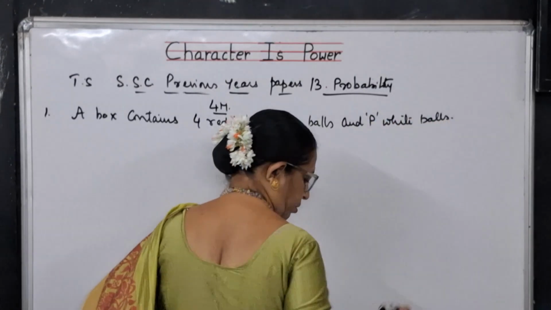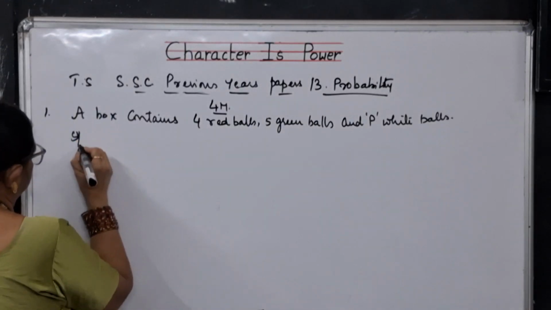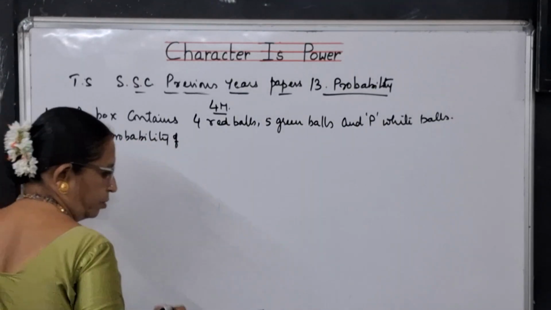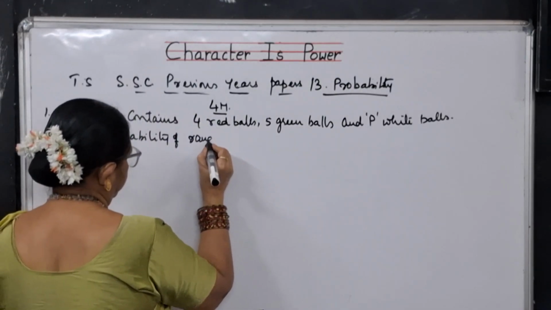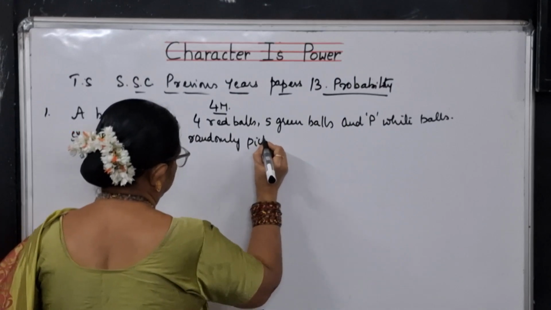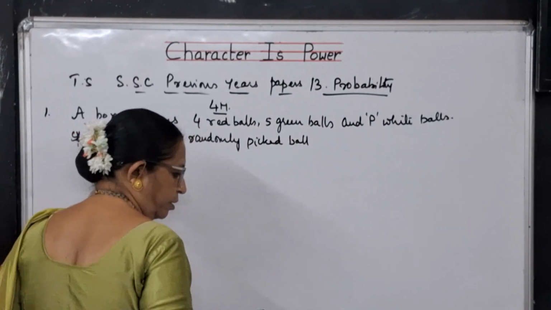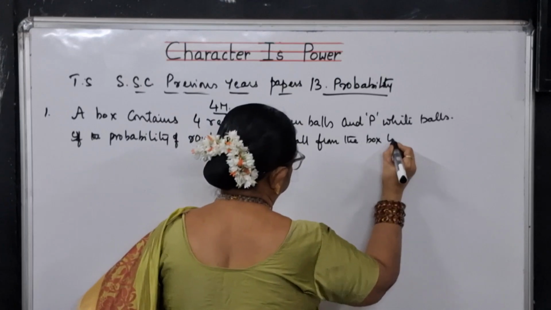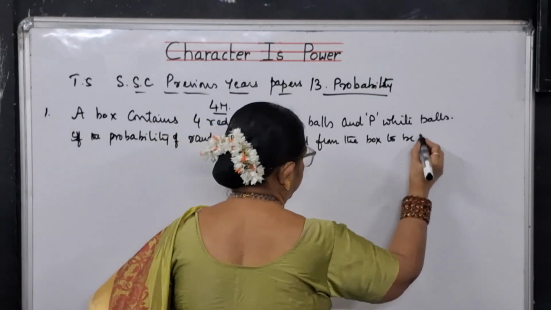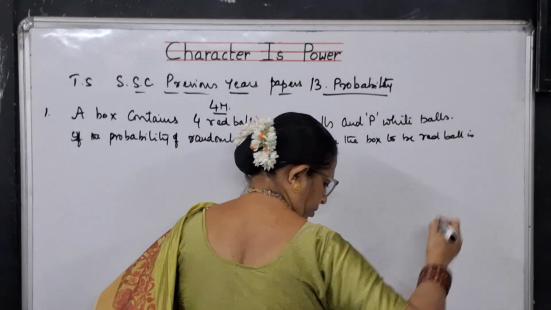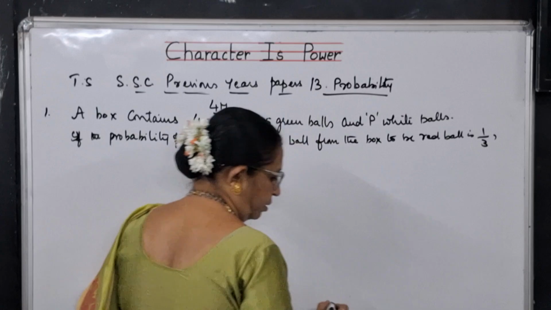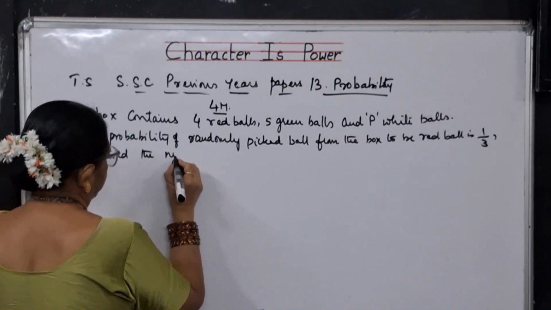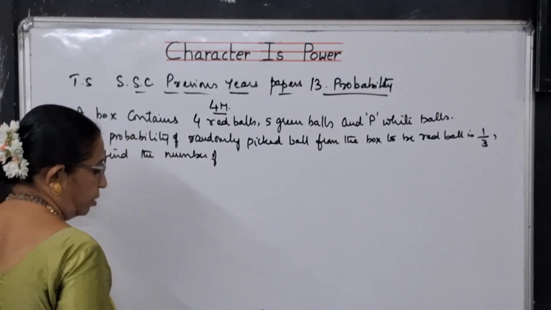If the probability of a randomly picked ball from the box to be a red ball is 1 by 3, then find the number of white balls.